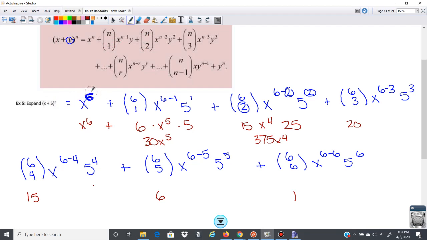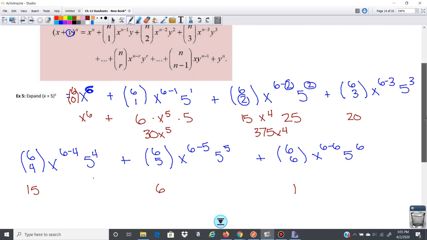So the first term is really 6, 0 in the parentheses here. And then it's always 6 in the top, and I'm just going up. So 0, 1, 2, 3, 4, 5, 6, until I get to the end. And that's part of the formula that we're following as we go through here. Does that answer your question?